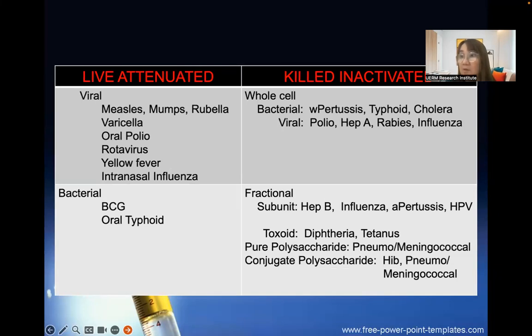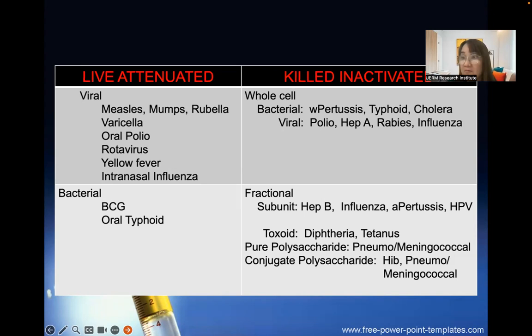These are examples of live attenuated and killed inactivated vaccines. For live attenuated, the viral vaccines are measles, mumps, rubella, varicella, oral polio, and rotavirus. And the bacterial vaccines are BCG and oral typhoid.